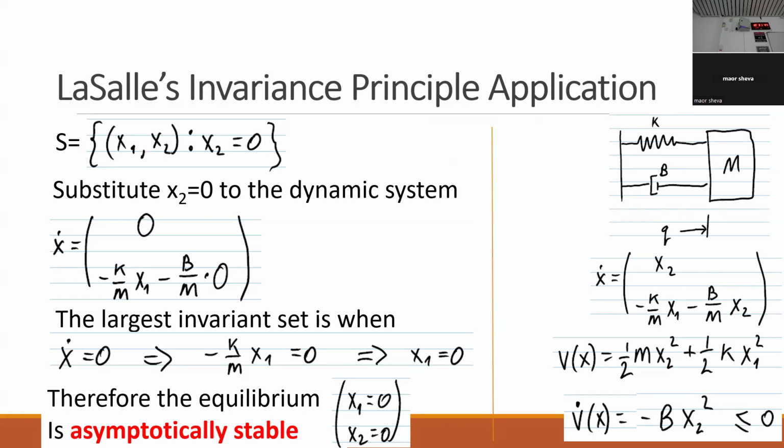And therefore, the largest invariant set in S that the system will be in is x2 equals 0 and x1 equals 0. Because otherwise, we will have x dot, and the system will diverge, and x1 and x2 will eventually evolve over time.